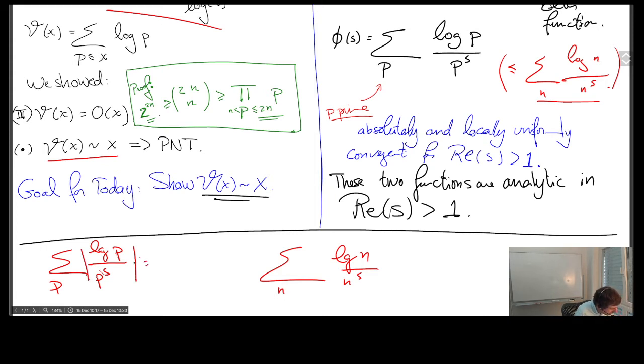This is the same as taking log p and p to the s, but this is smaller or equal than the same with the real part of s. The real part of s we called sigma, so let's just switch this for sigma.